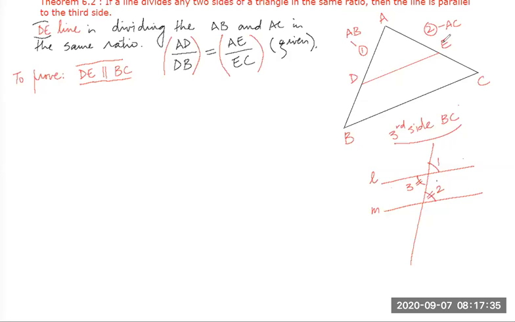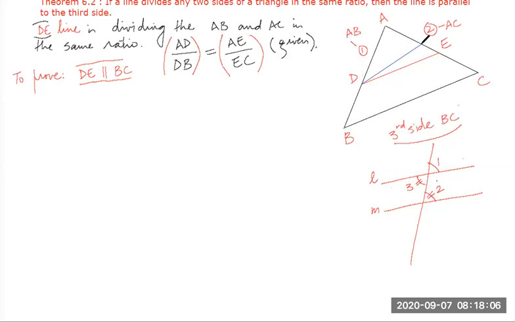We know DE line is parallel to BC, but we assume the opposite. And what is the opposite? Instead of saying that DE line is parallel to BC, we assume that it is this line DE dash which is parallel to BC.